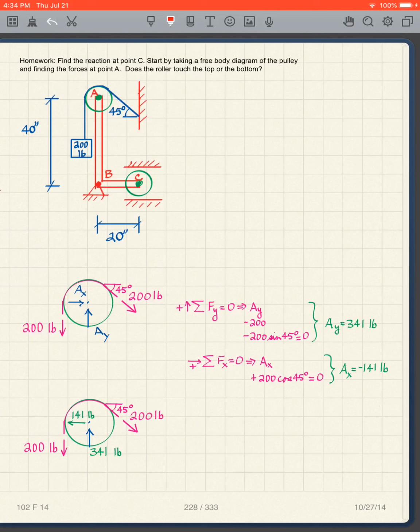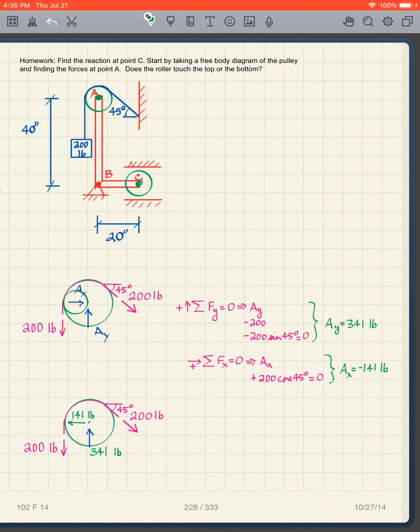So it's going to be 200 minus 200 sine 45. I can solve that. I get AY is 341. And then I take the sum of the forces in the x direction. That's going to be 200 cosine 45 degrees plus the AX. AX is negative 141 pounds.